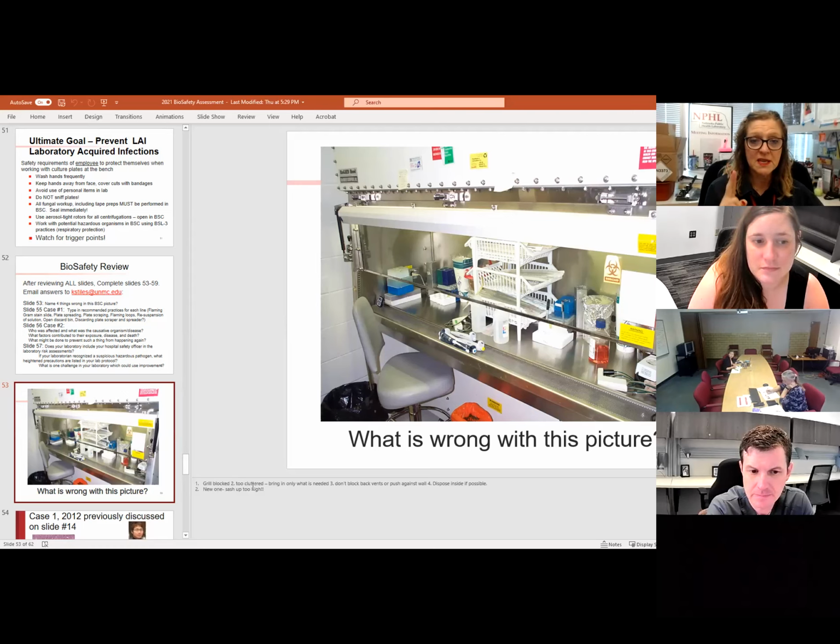Too cluttered was number 2. And obviously you can see that they're using it for storage in here, and that is exactly what you don't want to do. In fact, in between times, pretty much everything should come out of there except maybe the items you would use at all times.